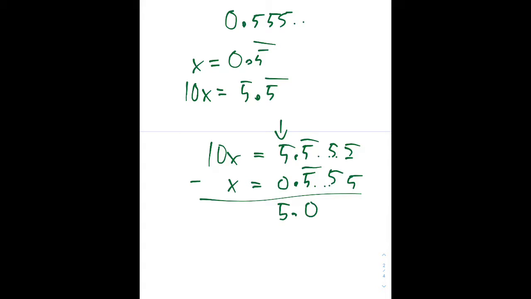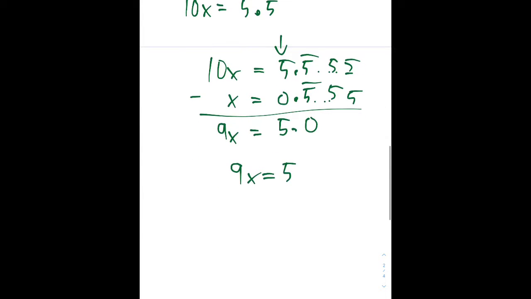So if we do this, 10x minus x, 10 minus 1 is 9. That's 9x. And 5.5 repeating minus 0.5 repeating is 5. Now we have an expression here. 9x is equal to 5. If we solve for x, we're looking to divide this side and this side by that factor.